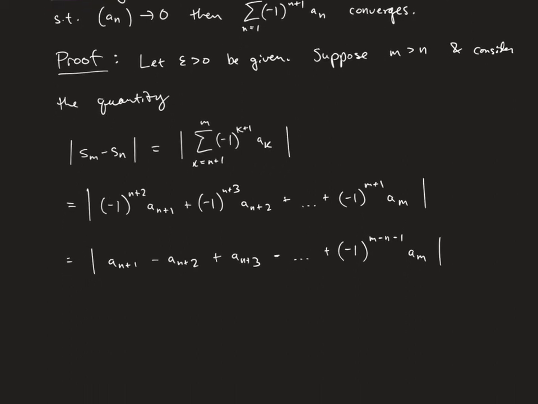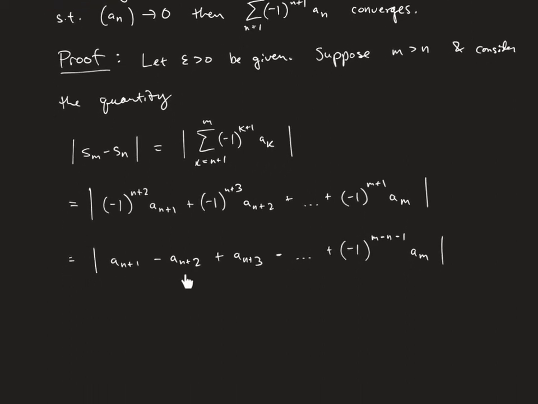Now the first thing here is that the quantity inside the absolute value is greater than or equal to 0, because of the decreasing terms. a_(n+2) isn't quite as large as a_(n+1), so when I subtract a_(n+2) from a_(n+1), this is still greater than or equal to 0.